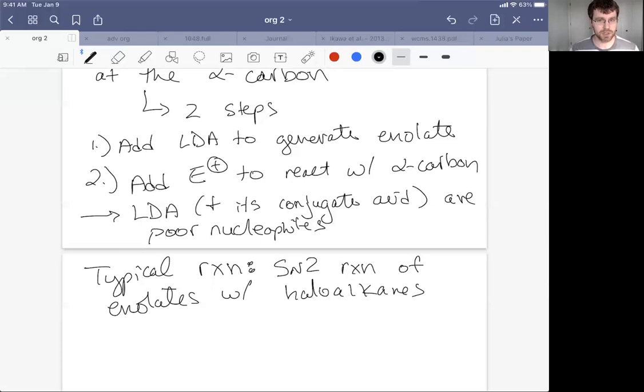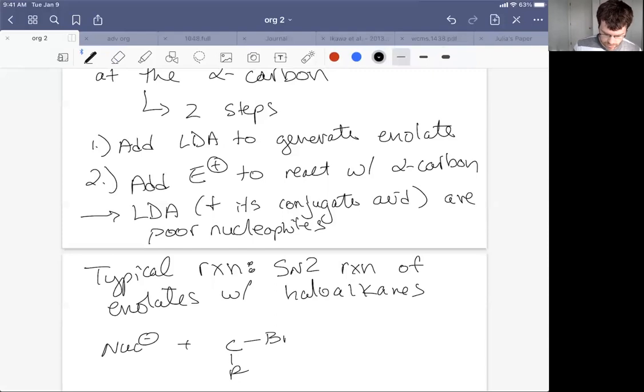We did the same thing with the Williamson ether synthesis at the beginning of the semester. So this is actually a reaction we've seen several times, where we take some nucleophile and we add it to some carbon atom that's got a leaving group like, let's even draw it out.